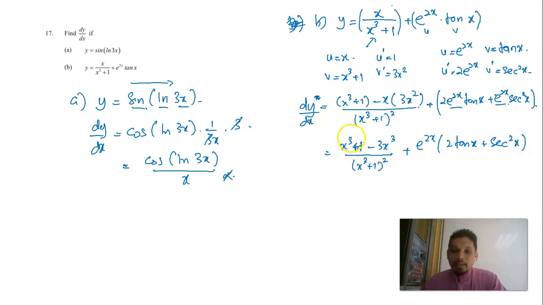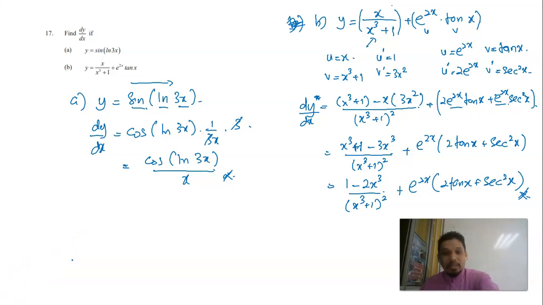Okay, so x cubed minus 3x cubed, so 1 minus 2x cubed divided by x cubed plus 1 squared plus e power of 2x times 2 tangent x plus secant square x. There you go.